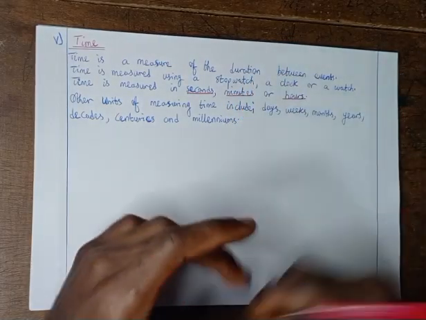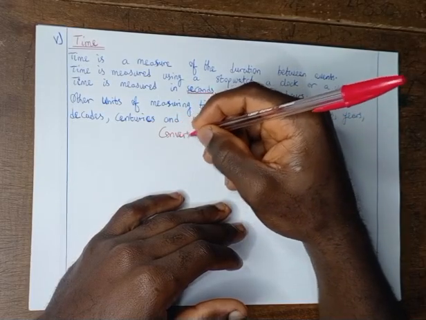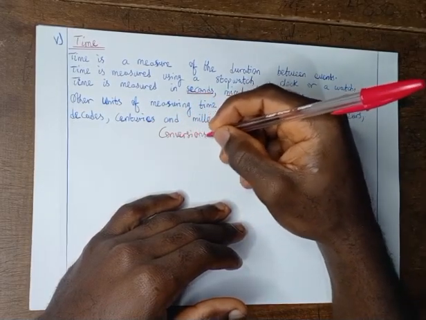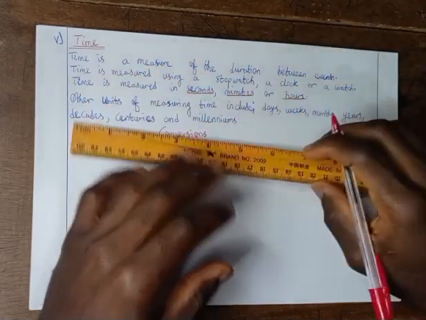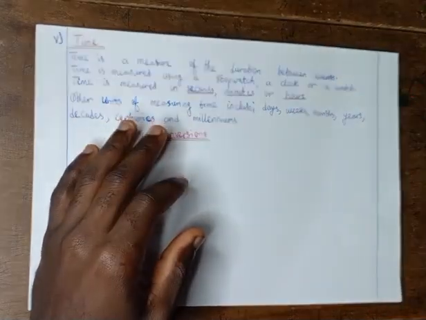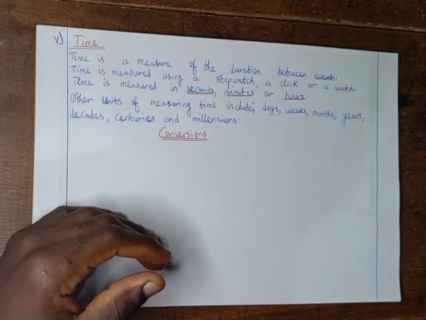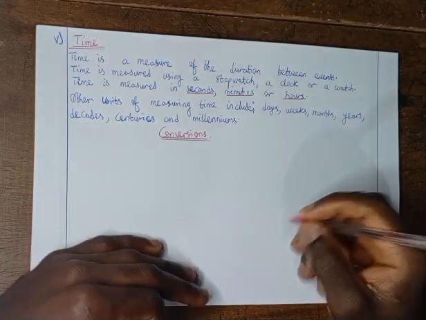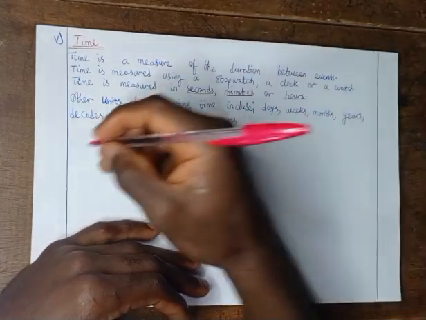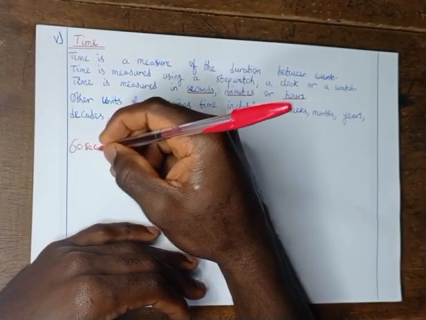And let's take down these conversions, how we can change from one unit of time to the other. First one, I'll write them down with a red pen because they are very important. 60 seconds.